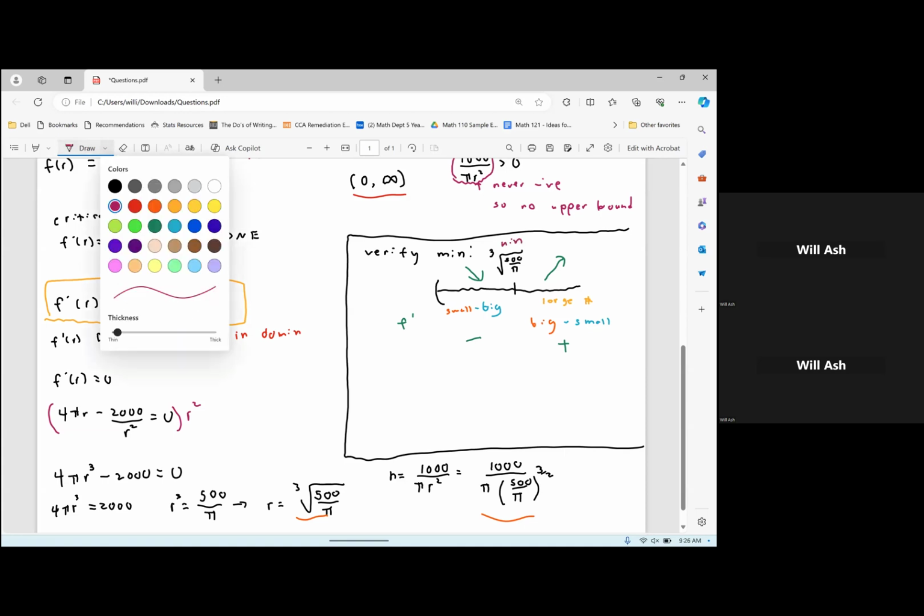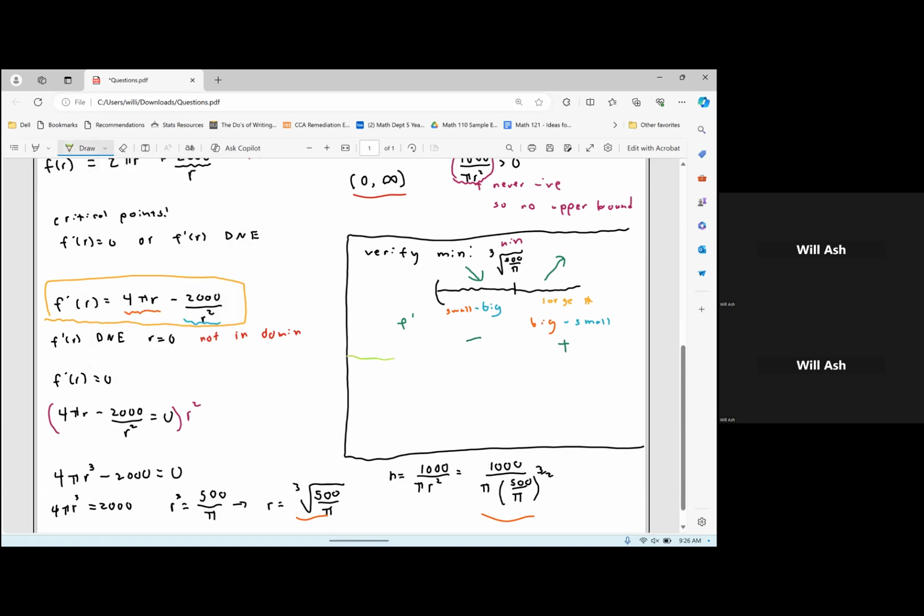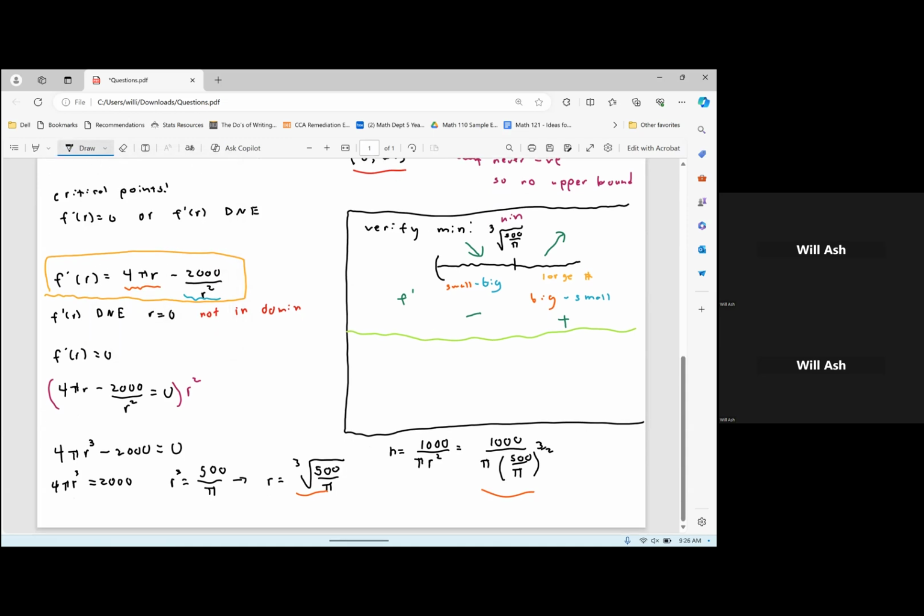Another way I could do this, also valid, is to take the second derivative.